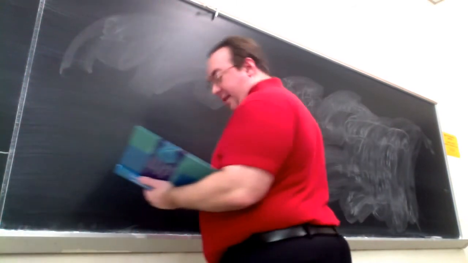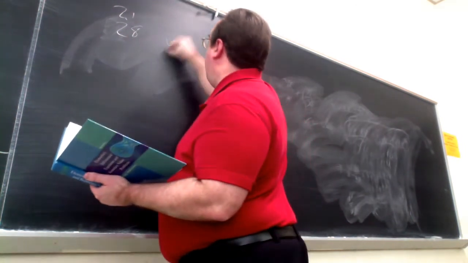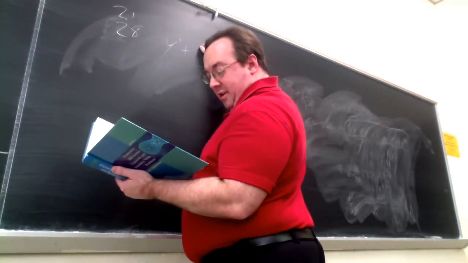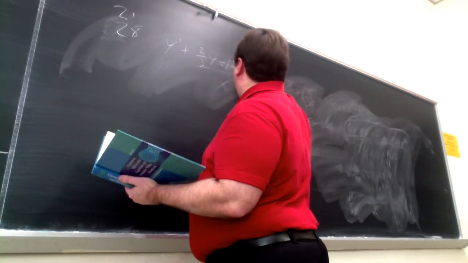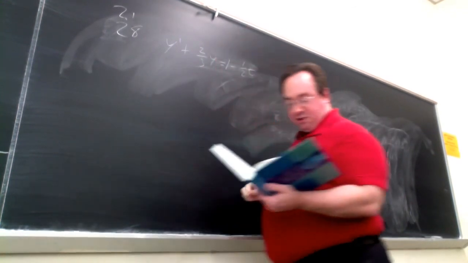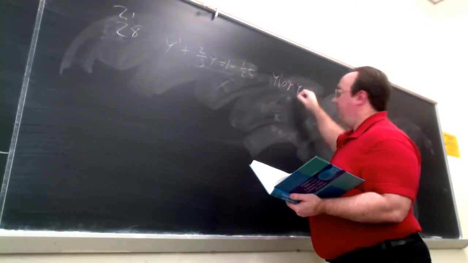Okay. So this is 2.1, number 28. So we have y prime plus 2/3 y is equal to 1 minus 1/2 t. And then just a generic initial condition, y of 0 is equal to y naught.